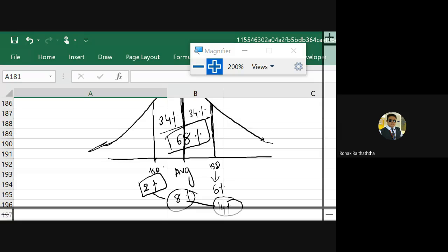Now, if you again stretch it further, in the second standard deviation, here there is 13% of the values lying. This is as per the standard normal distribution data. And here as well, there is 13% of the values lying.